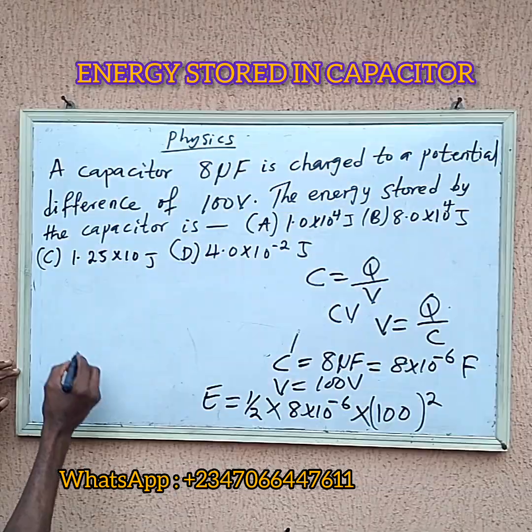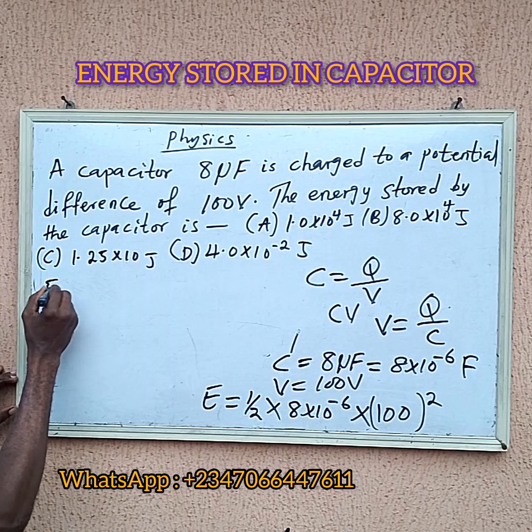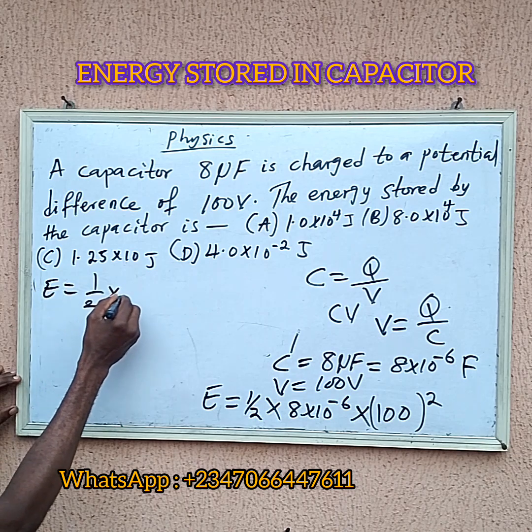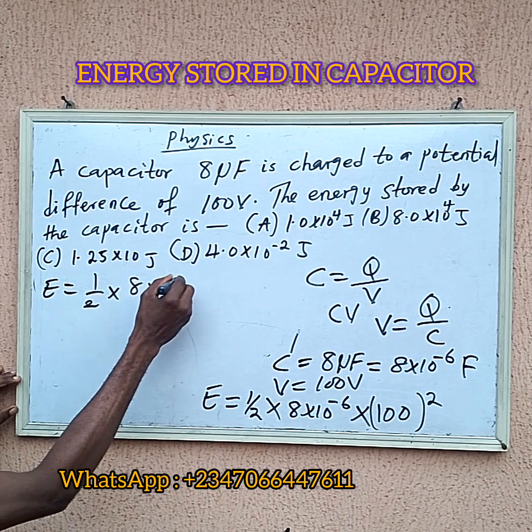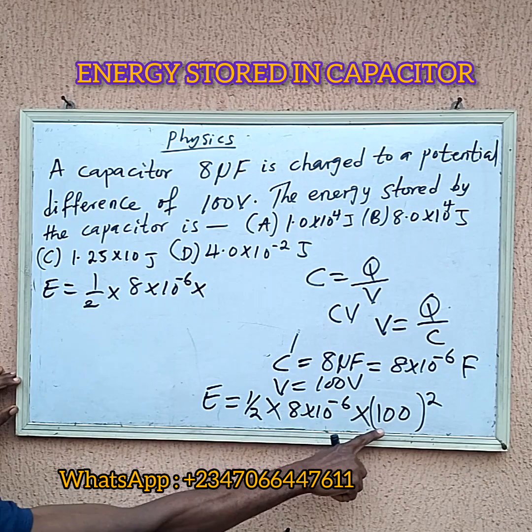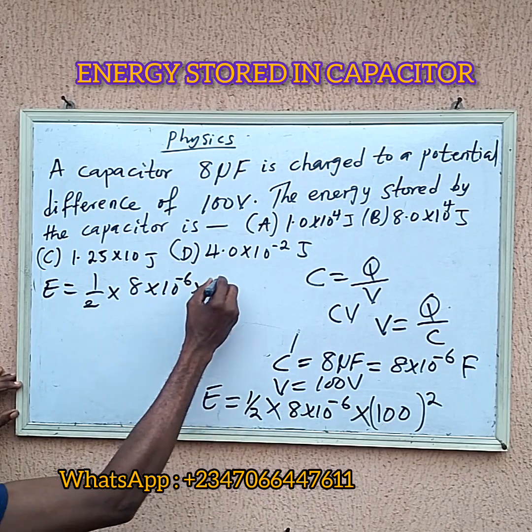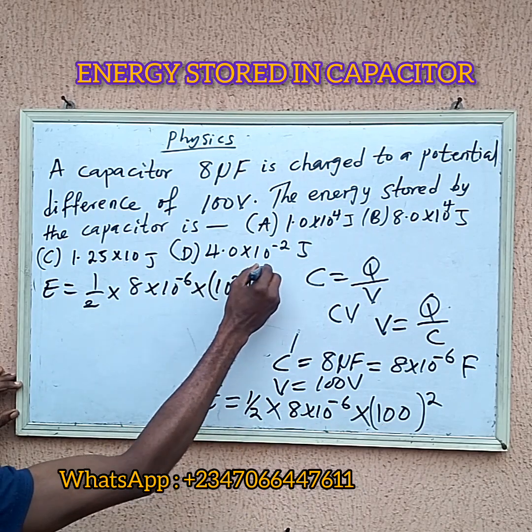Let us evaluate this so that we can have our options. We have E equal to half times 8 times 10 raised to the power negative 6 times, expressing 100 in standard form, 10 raised to the power 2, all squared.